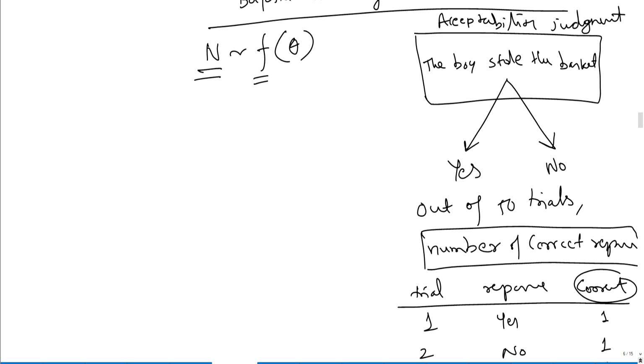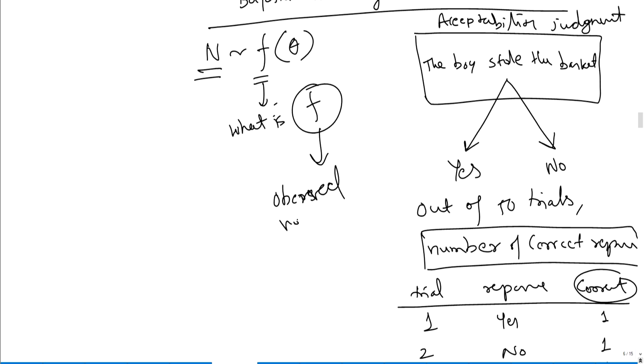The goal of statistical inference here is to figure out what this underlying cognitive process f is, which generates the observed number of correct responses. Also, not just f, but exactly what value of theta as well.